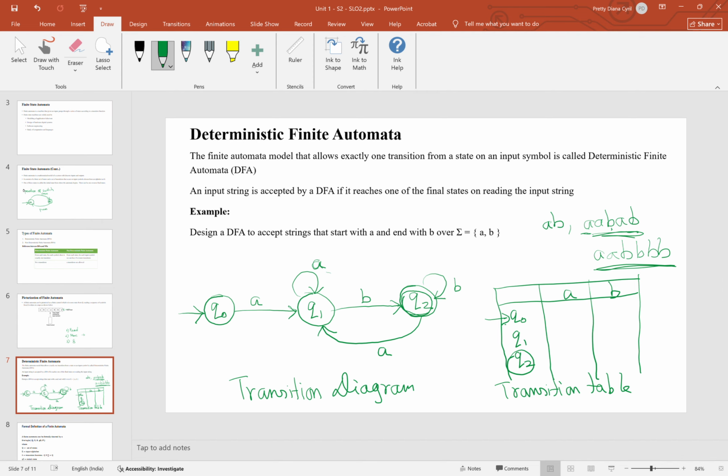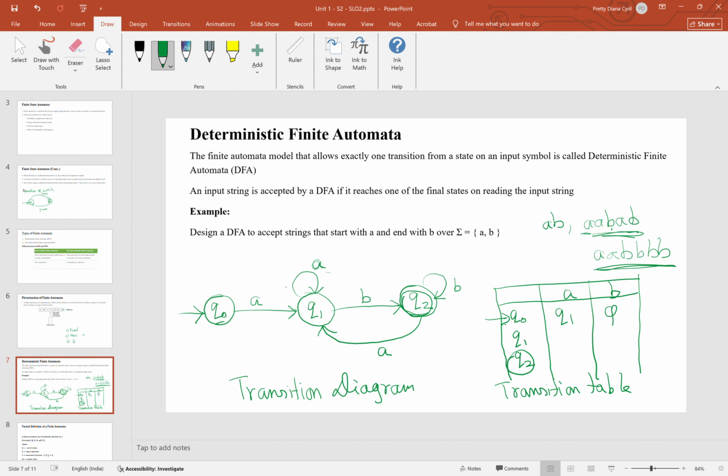Next we can check the transition Q0 comma A. What is Q0 comma A? It is going to the next state Q1. Then Q0 comma B: from Q0, for the input symbol B, it doesn't have a transition, so it is null.